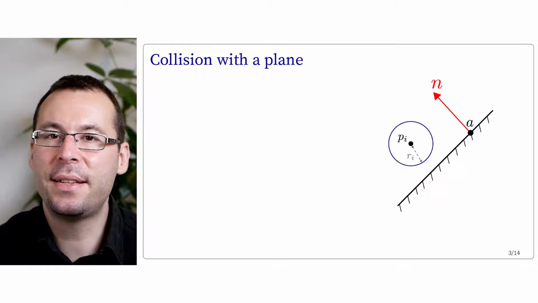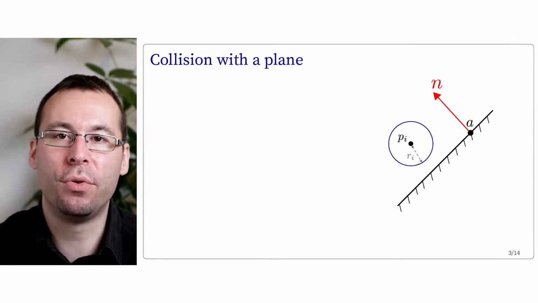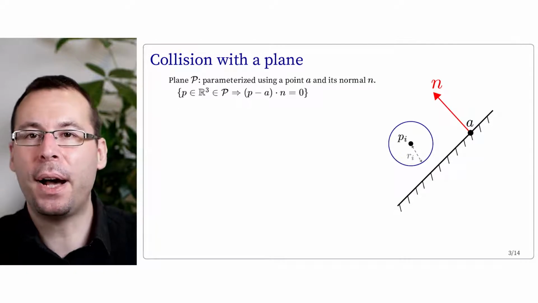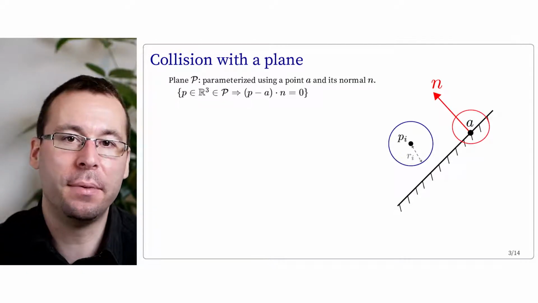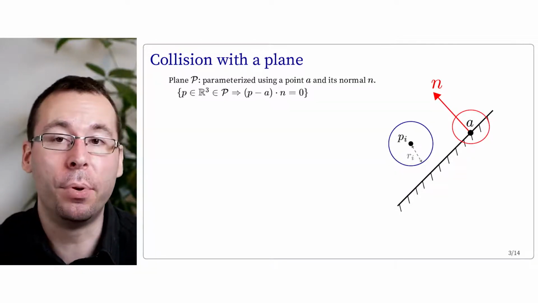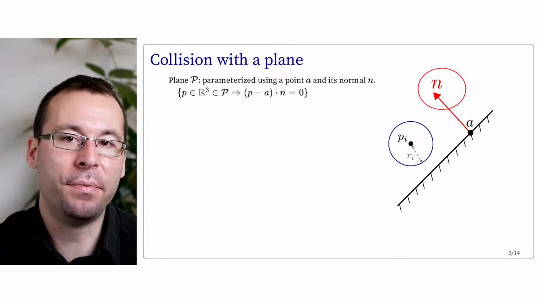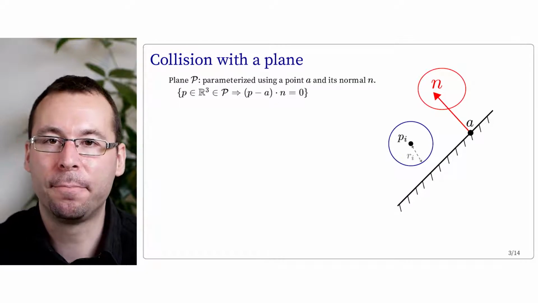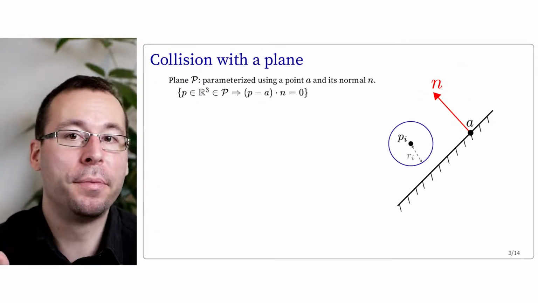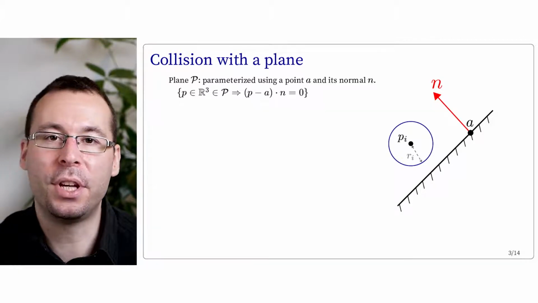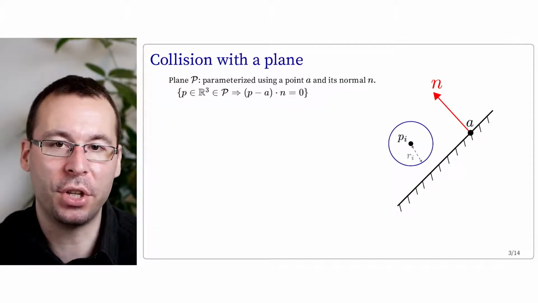So the first and simplest collision is the one between a sphere and a plane. One way to describe a plane is to parameterize it with a point A that can be in an arbitrary position inside the plane, and the unit normal of this plane that we call n. It's not the minimal number of degrees of freedom for defining a plane, but it's a convenient representation to perform geometric computation.